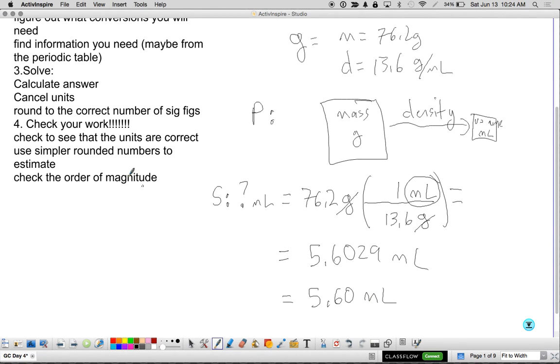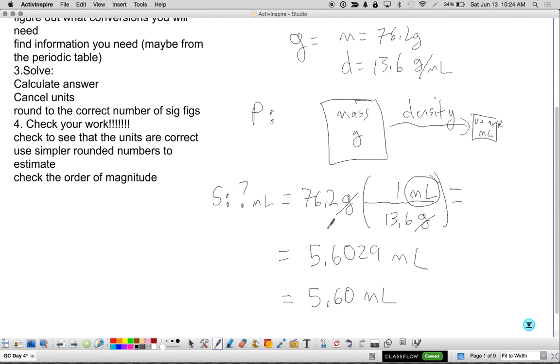Now the last step in problem solving, and this is one that a good problem solver would do that a lot of mediocre problem solvers just skip. This keeps you from being great. Check your work. Oftentimes we'll be working with these crazy numbers in scientific notation, and scientific notation is great because it makes it really easy to estimate. So I like to just throw in simpler numbers and divide away.